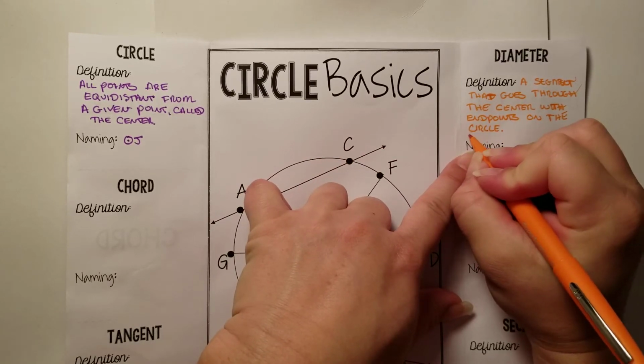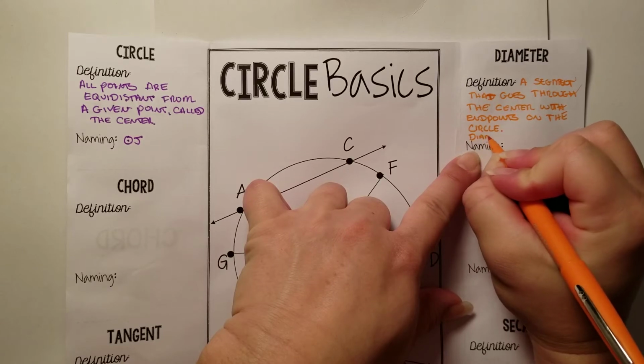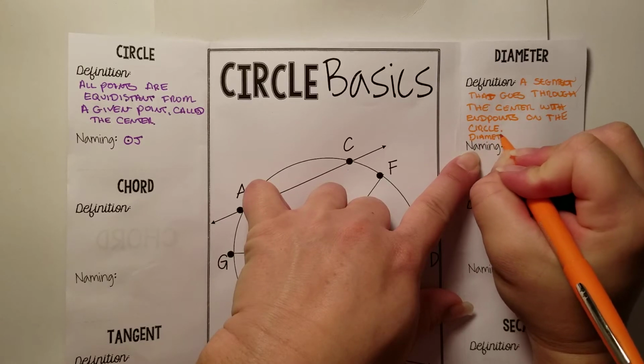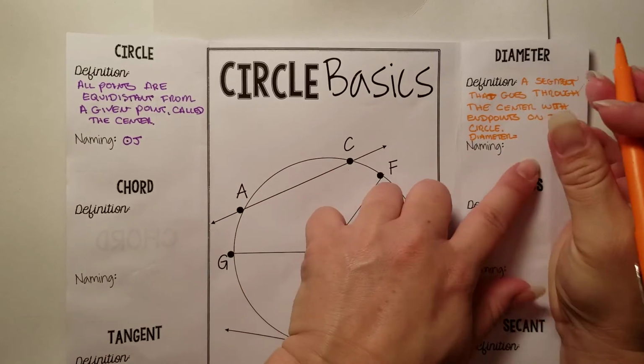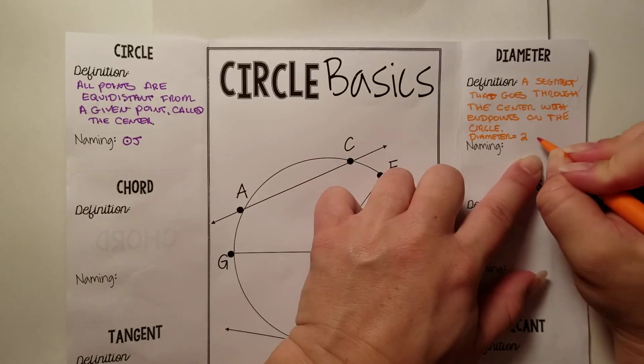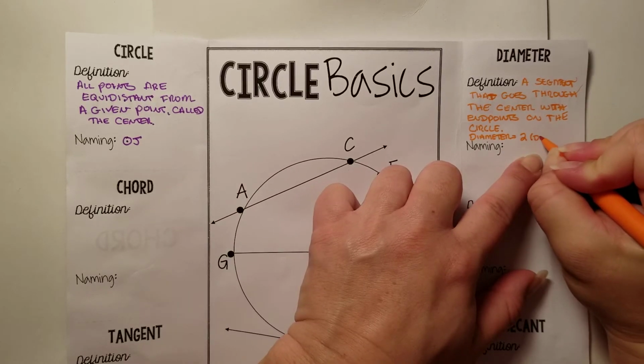So it's important to note that the diameter is equal to 2 times the radius.